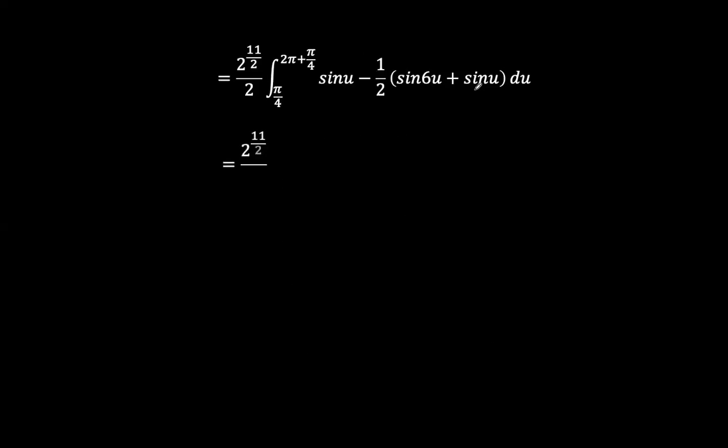Right, so that we're left with the minus here. So sine u minus, this becomes positive. So what we have here is actually 3 over 2.